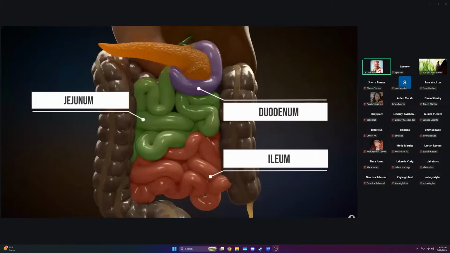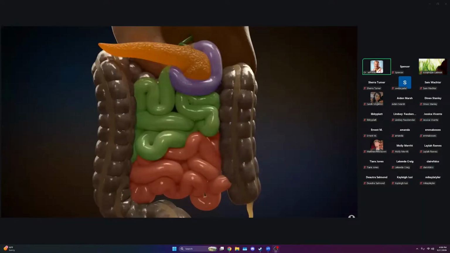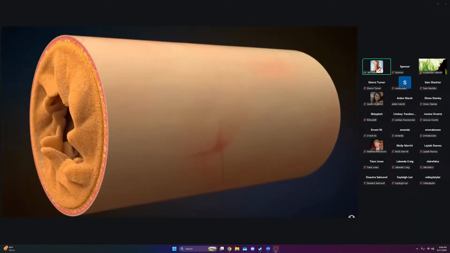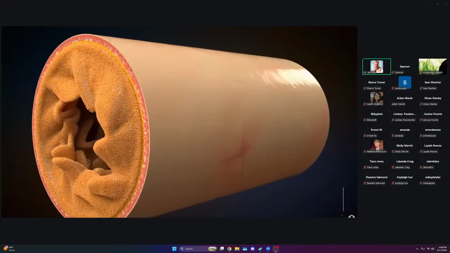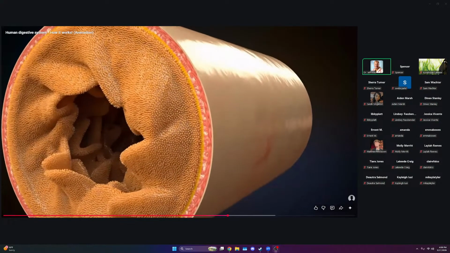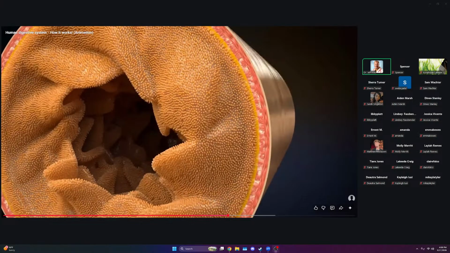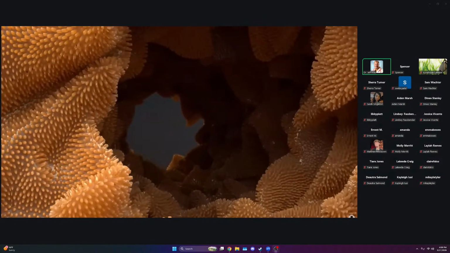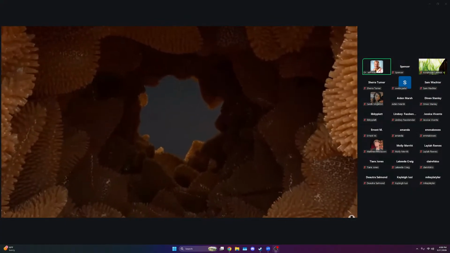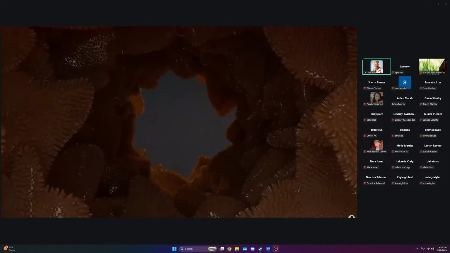The duodenum and the jejunum have circular folds to increase the contact surface with the food. These circular folds extend about 1 centimeter into the lumen of the small intestine. These folds are covered with small finger-like projections called villi. Villi increase the surface considerably.